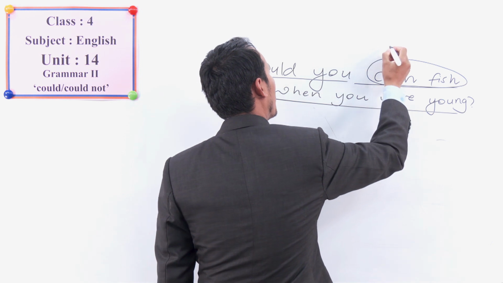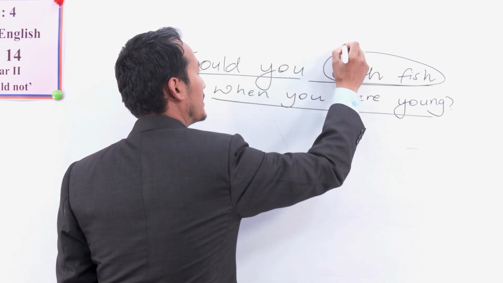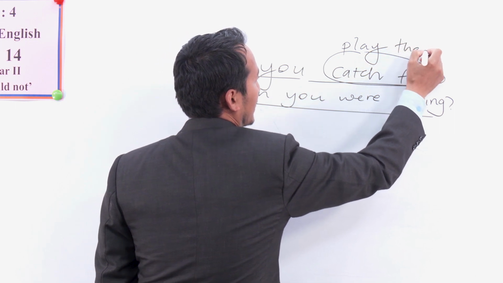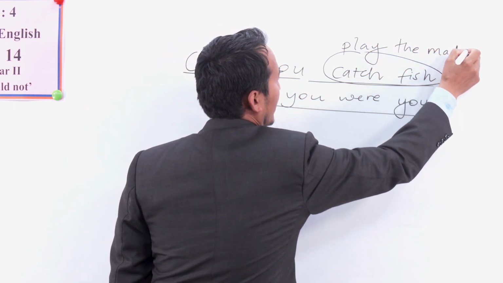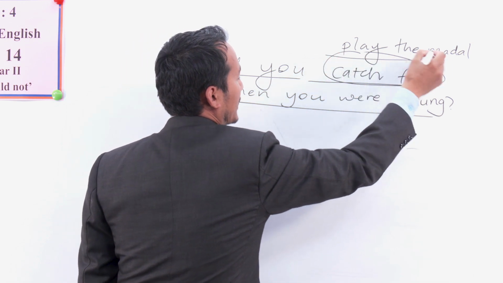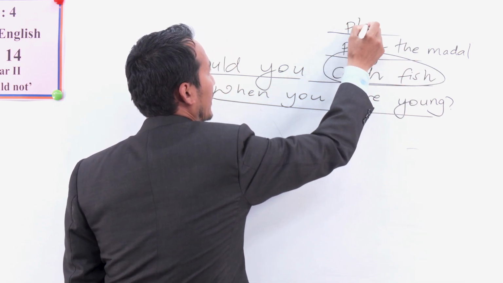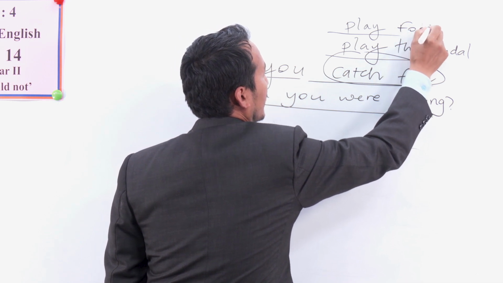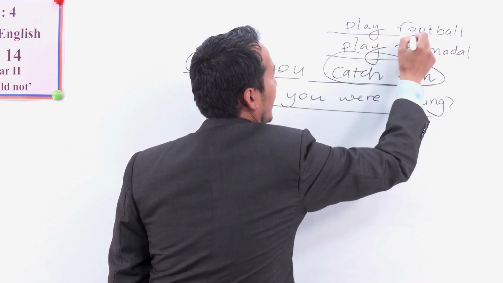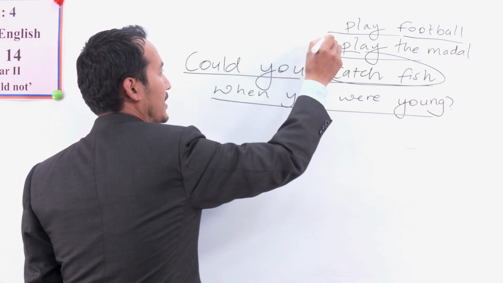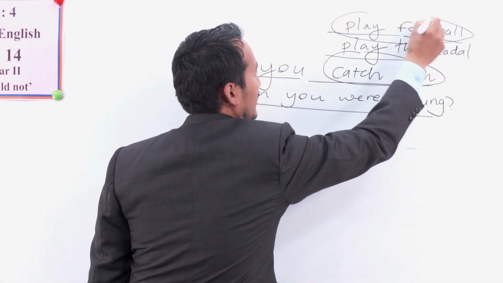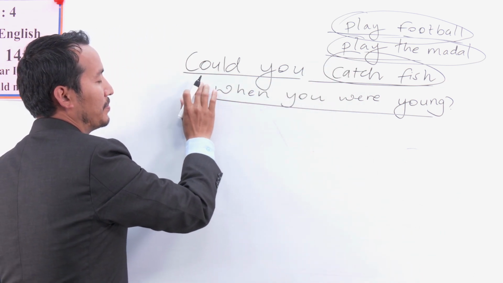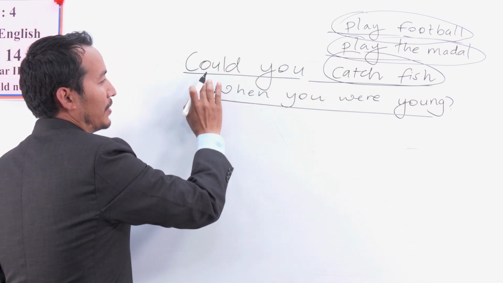You can talk about playing musical instruments like play the madal, or you can say other games as well, play football, and so on. So these are other examples that you can ask your grandfather or your father or your grandmother.